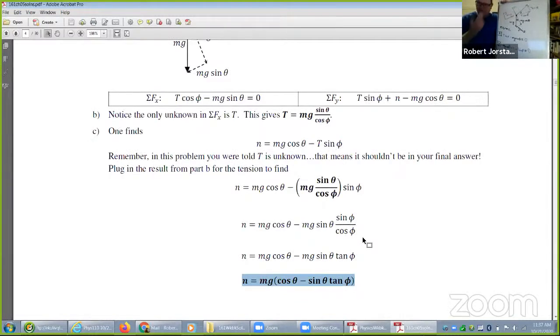The neat thing about this is, imagine if you are a civil engineer and you're building a ramp that's designed to hold whatever boxes that are being dragged up by a robot. This gives you an idea of the maximum. Remember, the normal force is the force that the board, or the ramp, must exert upwards on the box.